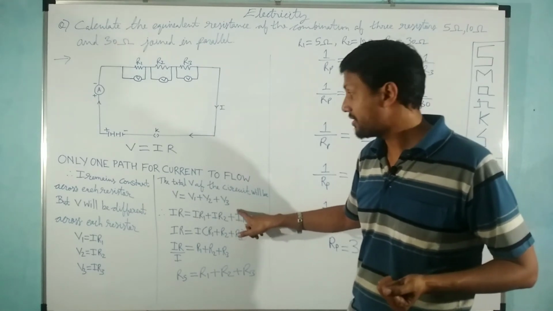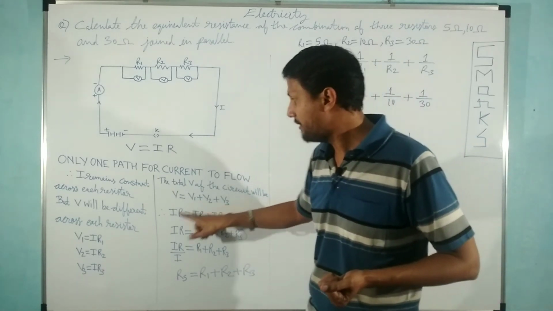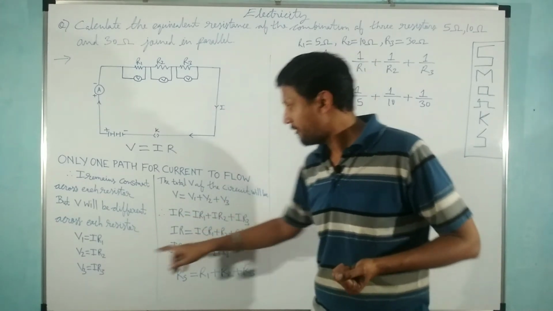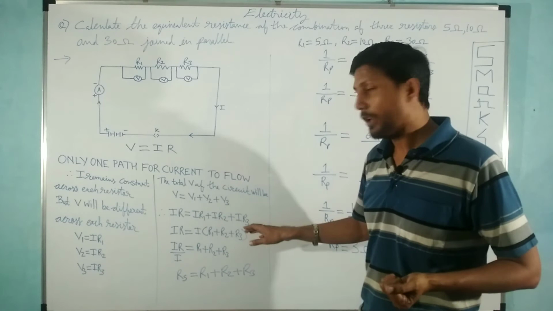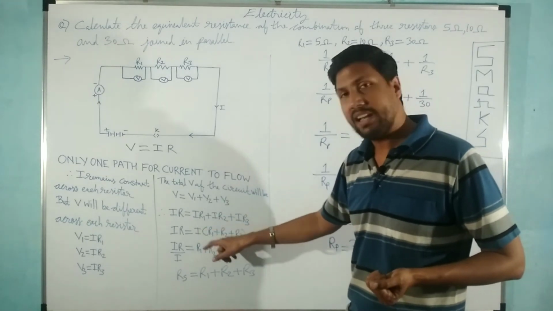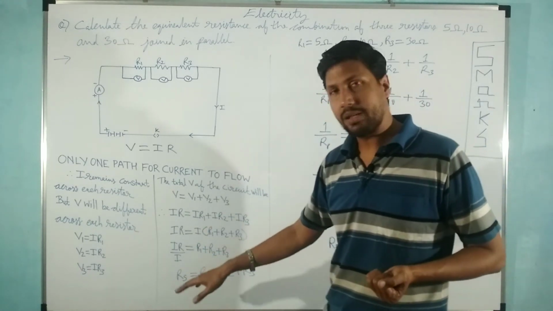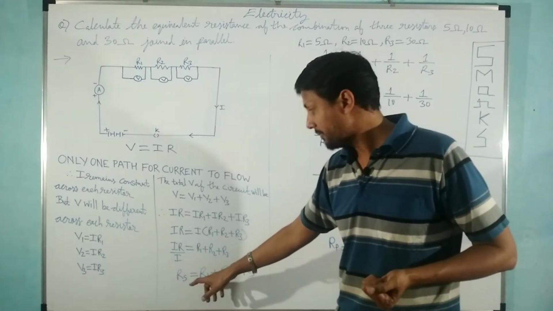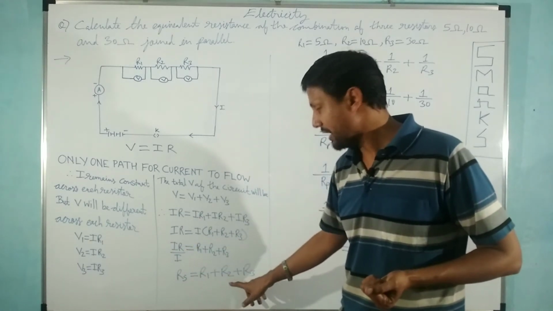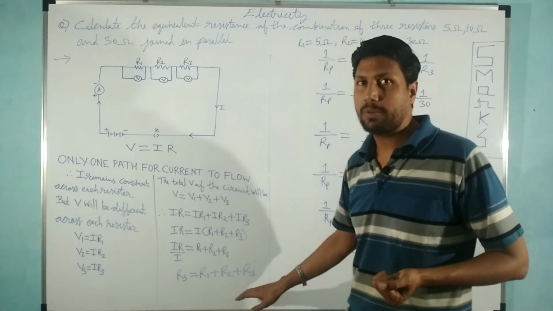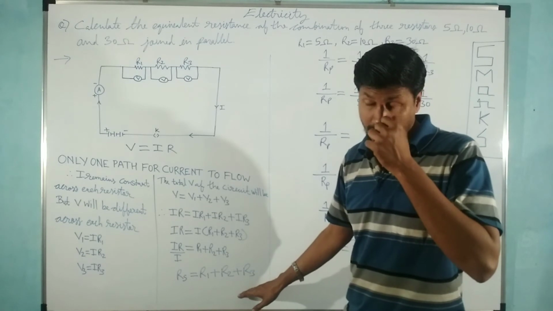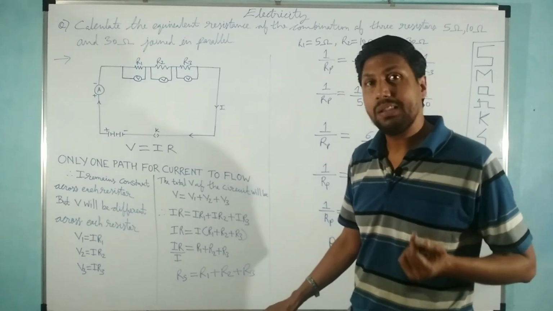I just substituted the value of V1 from here, V2 from here and V3 from here. Then I took I as common and moved it to the other side in the denominator. So I will get cancelled, and what we will get is Rs is equal to R1 plus R2 plus R3. This is the expression for the formula when the resistors are connected in series.